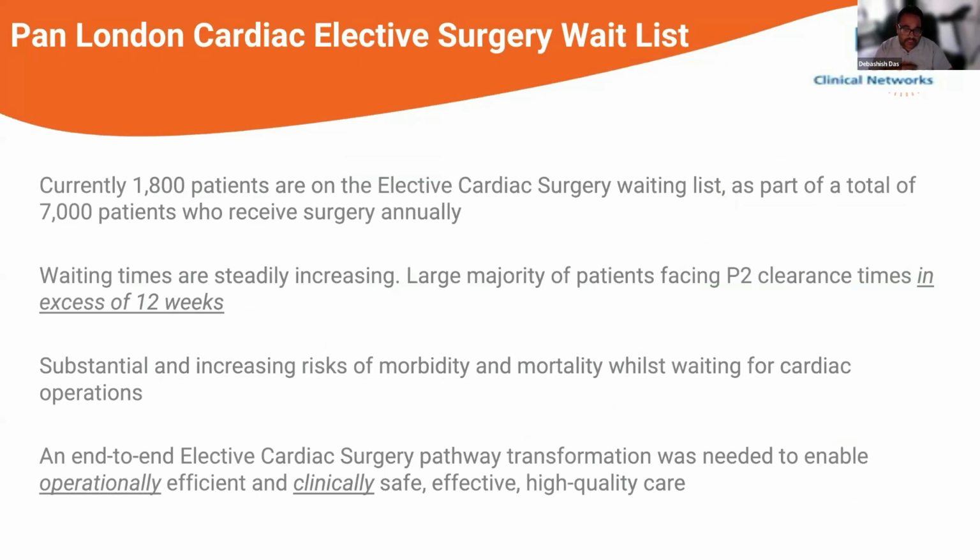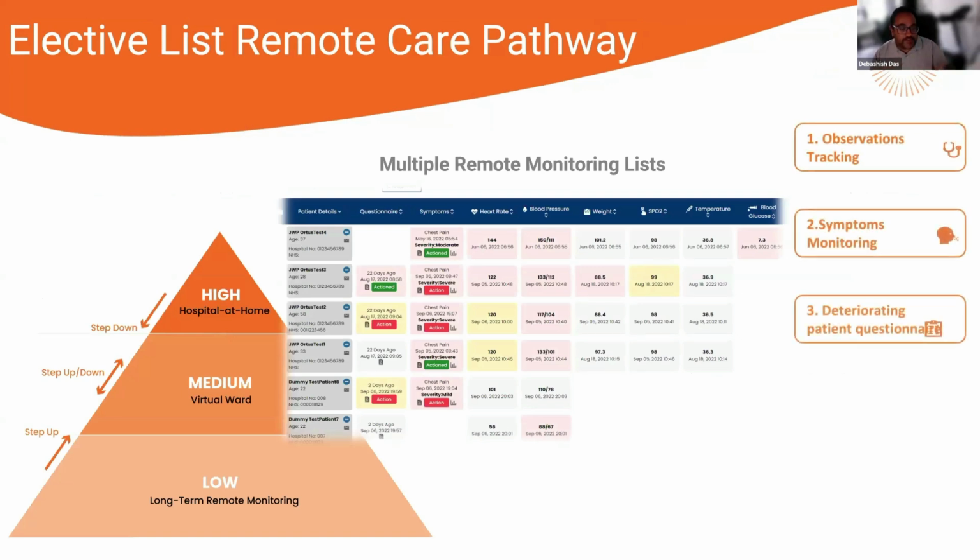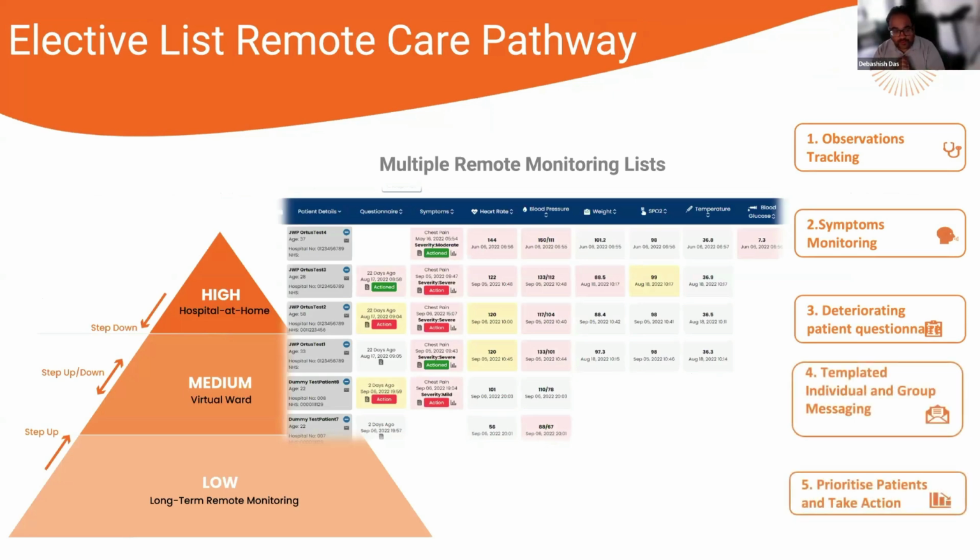So what we did was deploy across London a model where every single cardiac patient would be remotely monitored across all the centres for deterioration. If they were deteriorating, they would either have their treatment brought forward or move into our equivalent of the low-risk NSTEMI pathway, a bypass virtual ward, where we bring their surgical procedure forward while remotely monitoring them until we do so.